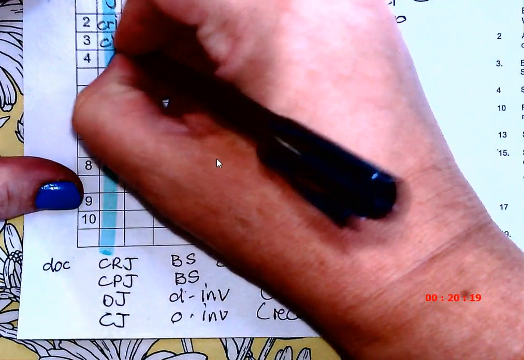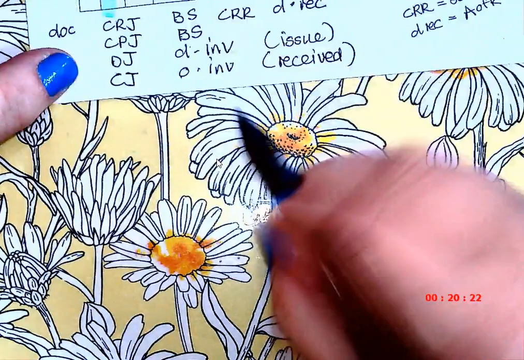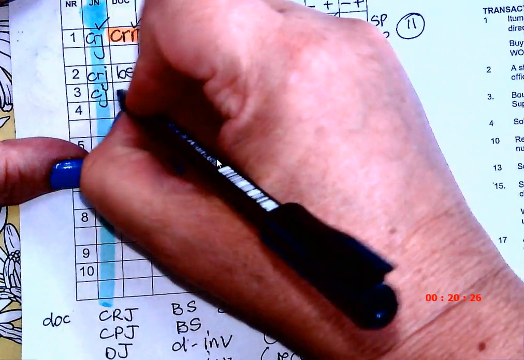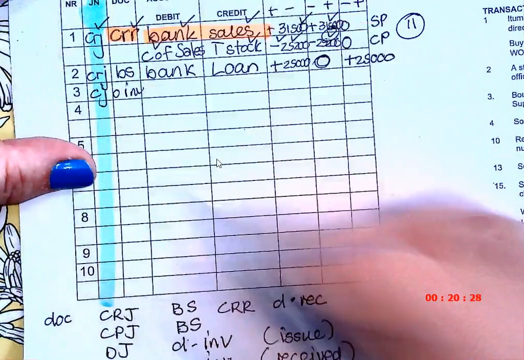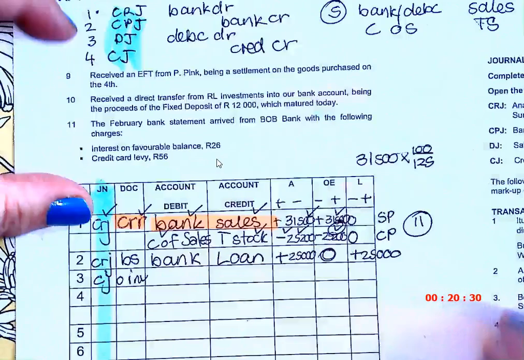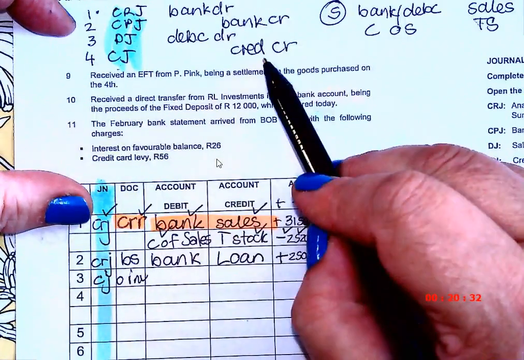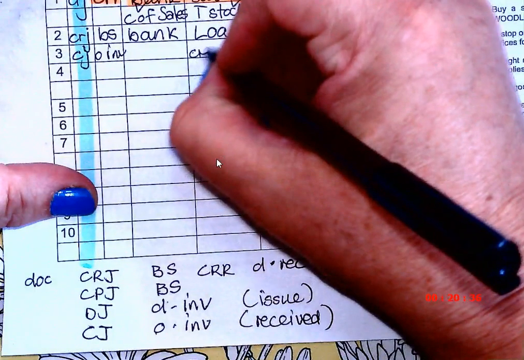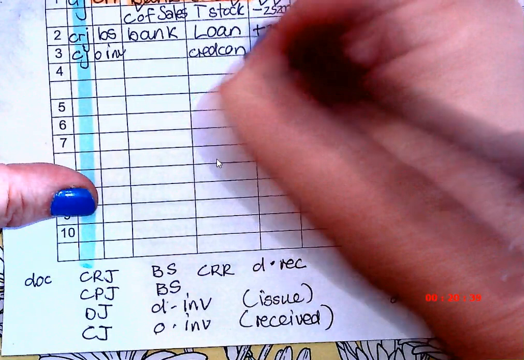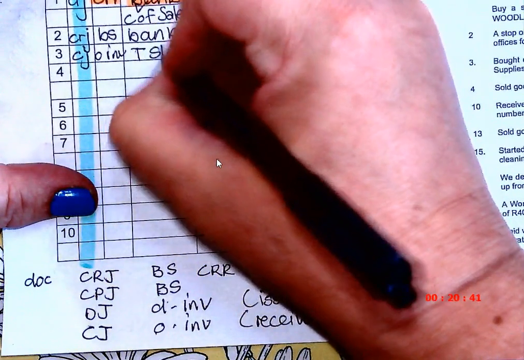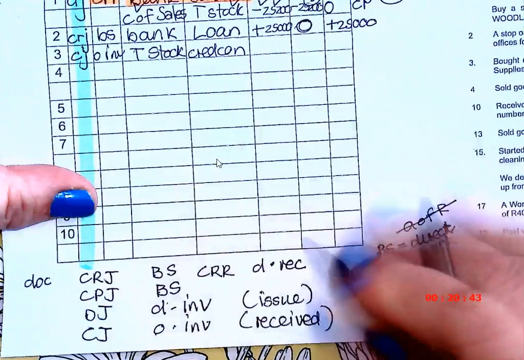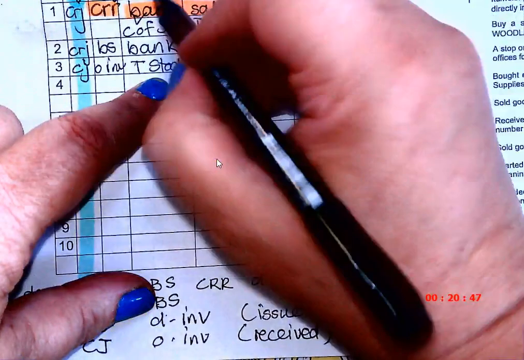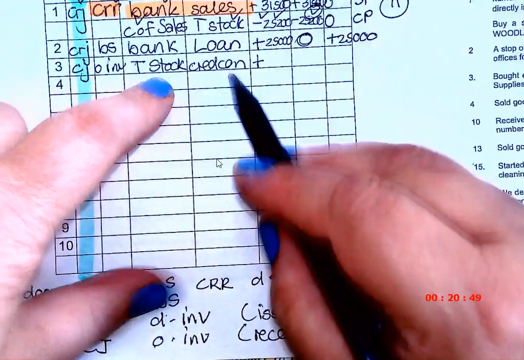My document for CJ is original invoice. Now I go look. What's my rule for CJ? Creditors, credit. So, creditors control, credit. What did I buy? Trading stock. What is trading stock? It's an asset. It plus. See? Debit, debit. Creditors is a liability.